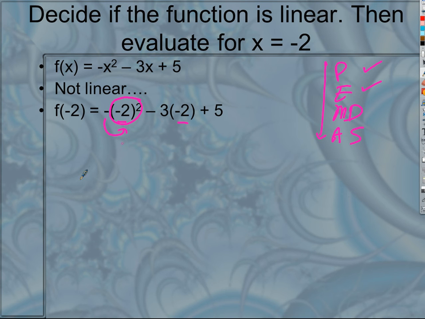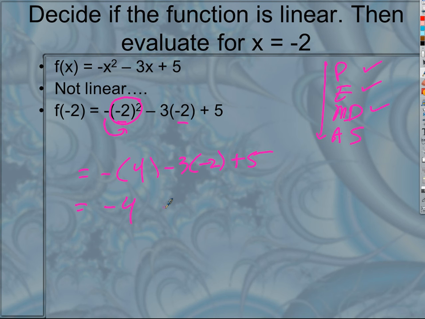So this one's going to look like negative, what is -2 squared? 4. Okay, -2 times -2 is positive 4. Minus 3 times -2 plus 5. So now we did the exponent part and got a 4. Now we can do the multiplication and division. And that's where I distribute the negative part in. So now we end up with a -4.